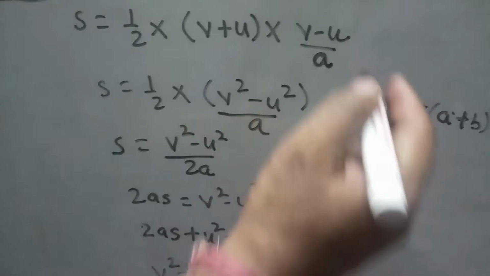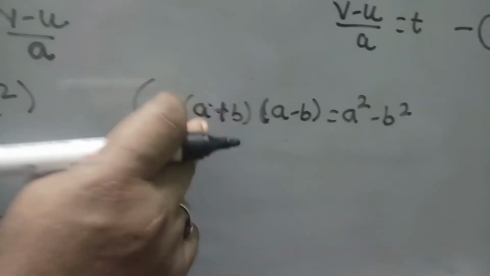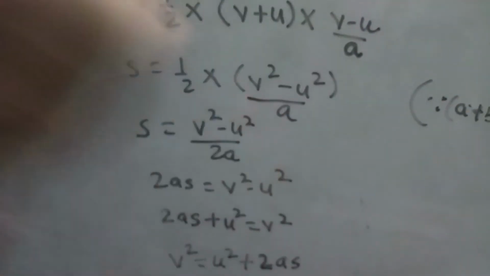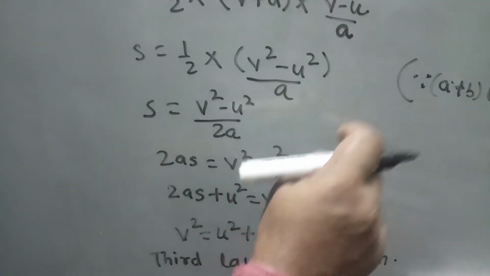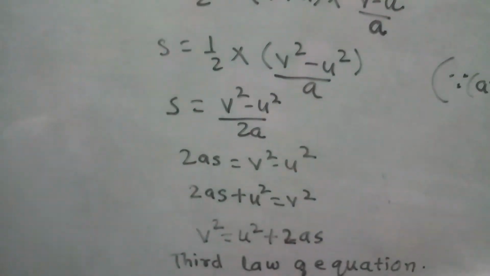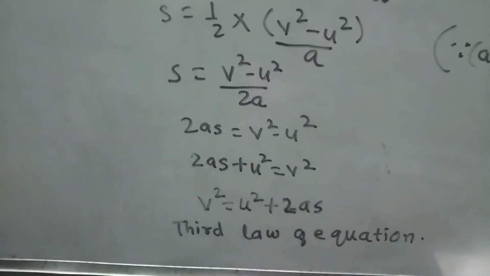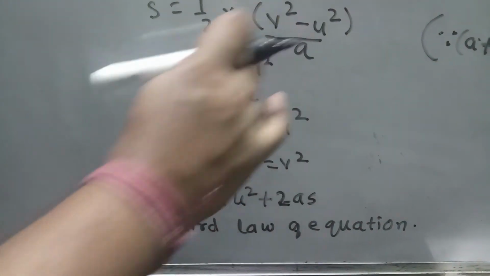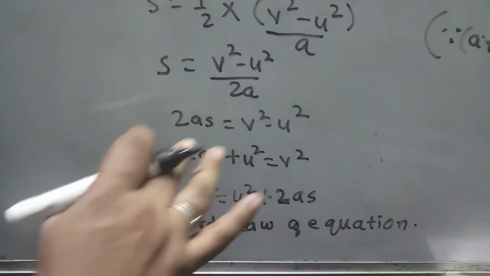The only difference between them is plus and minus. So we apply this formula, that is a square minus b square. Then here it will become v square minus u square. A will remain as it is in the denominator. When you multiply 1 with any number it will remain as it is, so 1 has gone. That is v square minus u square.